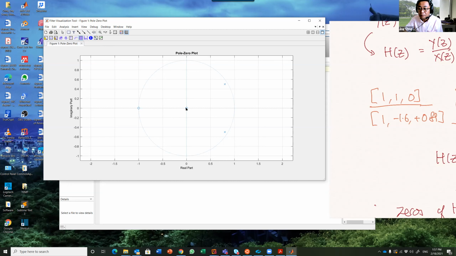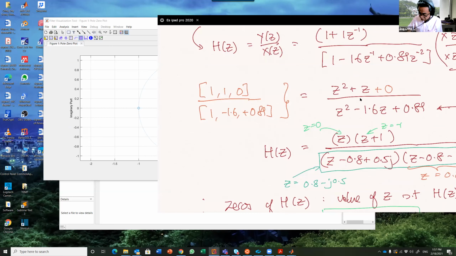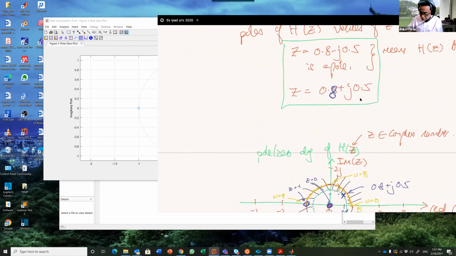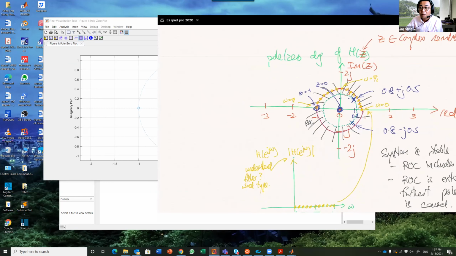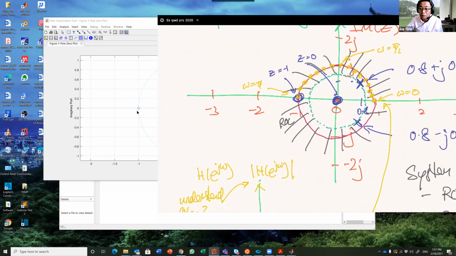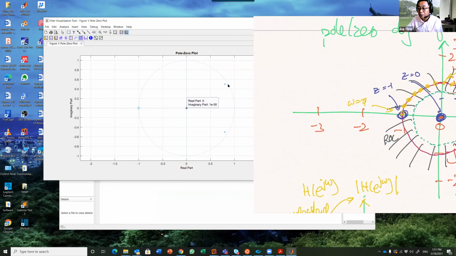So you see 1, 0 here was like what we have said. Let me show you the figure I've drawn. 1, 0, 1, 0. What about this one? 1, 0, 1, 0. What about the pole? 0.8 plus j0.5, 0.8 minus j0.5. So we got it correct. So we know that it is correct.